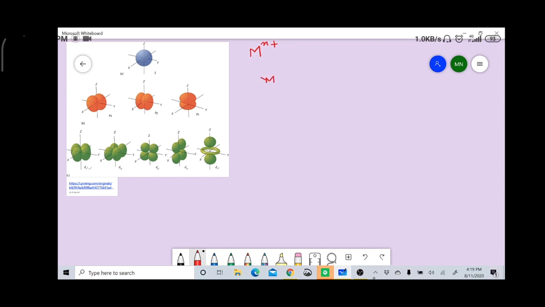First, the available empty d orbitals on the central metal ion get hybridized to give hybrid orbitals, and these hybrid orbitals overlap with the filled orbital of a ligand containing a lone pair of electrons, and this is how a coordinate bond between a central metal ion and ligand is formed, in which the ligand donates its lone pair of electrons into the empty hybrid orbital of the central metal ion.